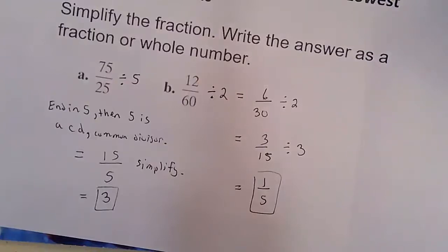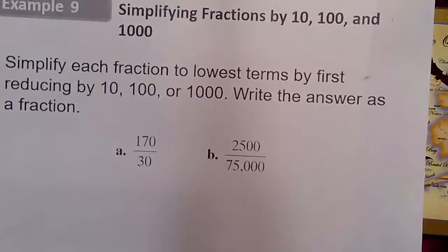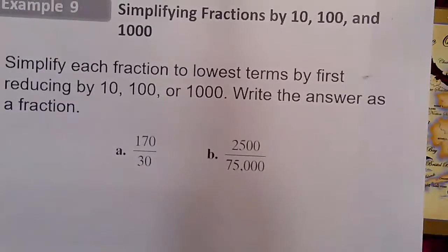Okay, I think there's one last page to show you. Simplify each fraction to lowest terms by first reducing by 10, 100, or 1,000. Write the answers as a fraction. Okay, let's see.